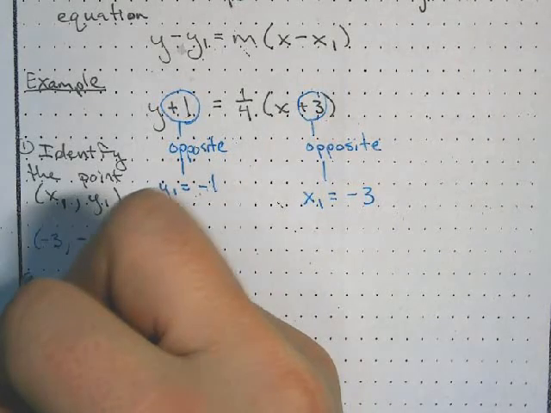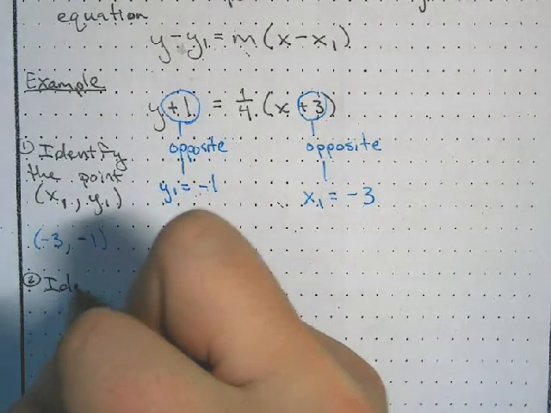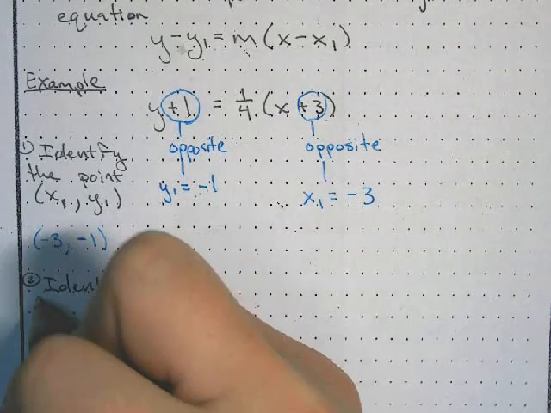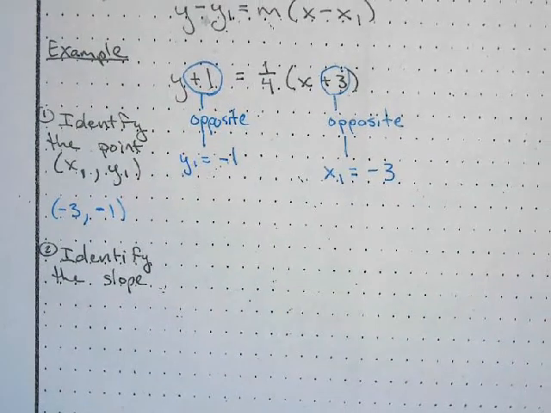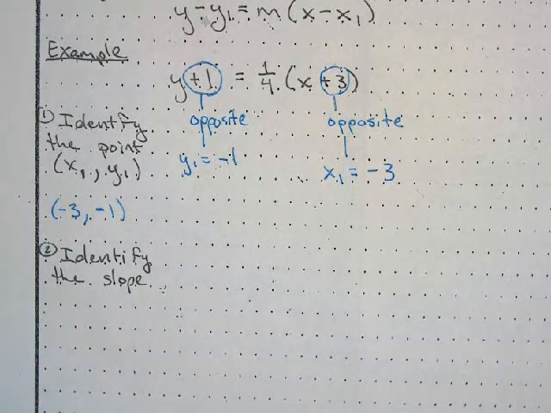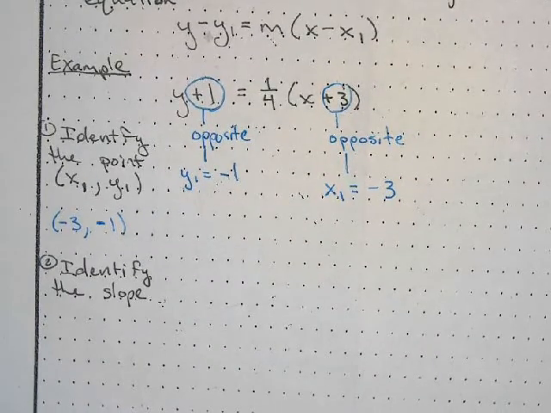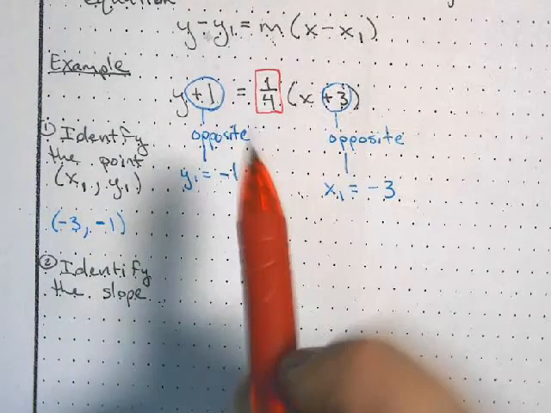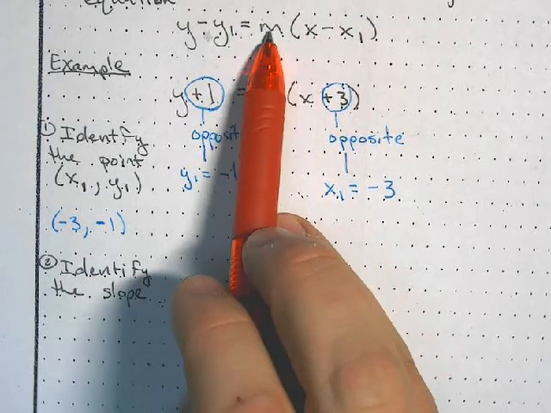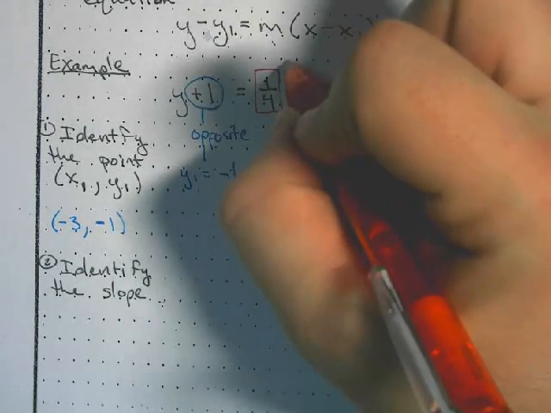Step 2, identify the slope. Looking at my equation, the value that comes before my parentheses is my m. So here's my slope.